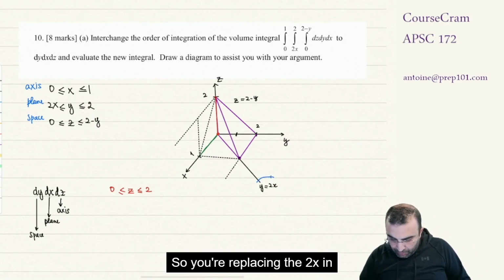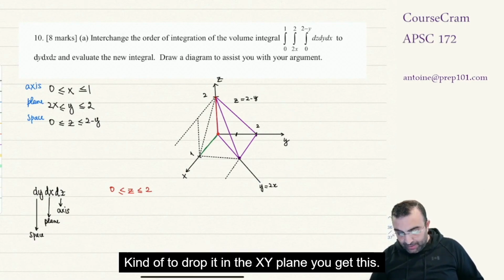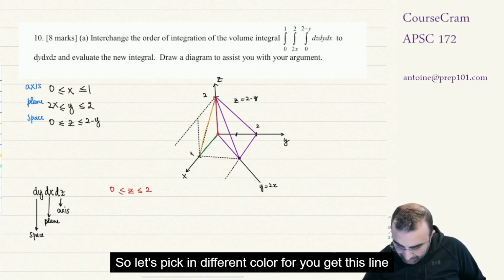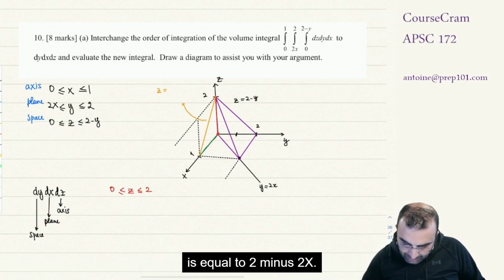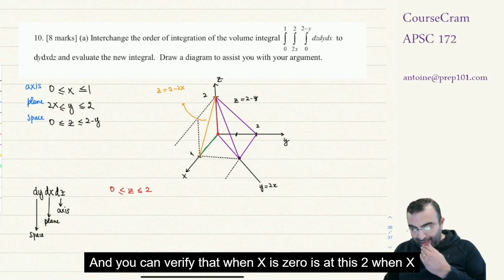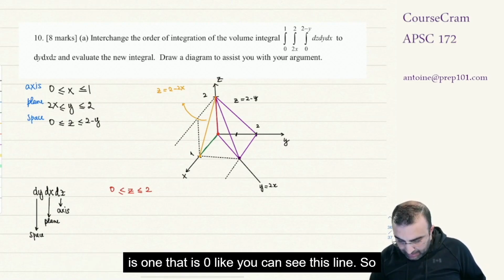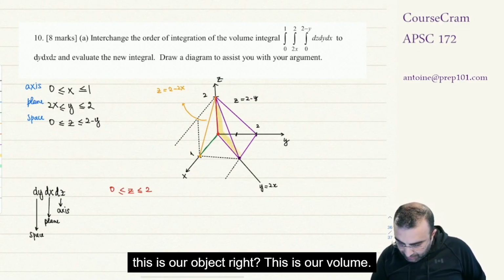So you're replacing the 2x in here, to drop it in the xz plane. You get this line right here, which is z equals 2 minus 2x. And you can verify that when x is 0, z is 2. When x is 1, z is 0. You can see this line. So this is our object, this is our volume.